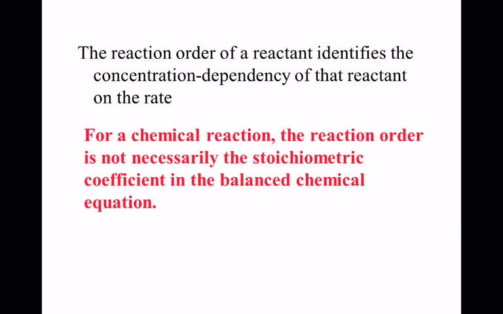Now, the fact that this is in red and the next one is blue means that it is very, very important. Do not simply take the stoichiometric coefficient of A and make it your reaction order. No, no, no. Do not take the stoichiometric coefficient of B and make it the reaction order of B. Do not do that.